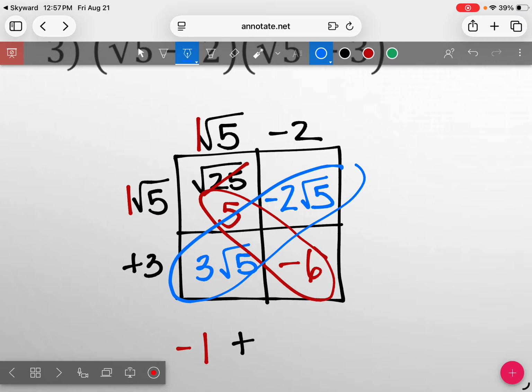And when I combine those together, again, that's like a 3x minus 2x. That's just x, or √5. This would be my final answer. And when you write this on your quiz, test, whatever, you can flip the order. So you could put the square root of 5 minus 1. That's still the right answer.